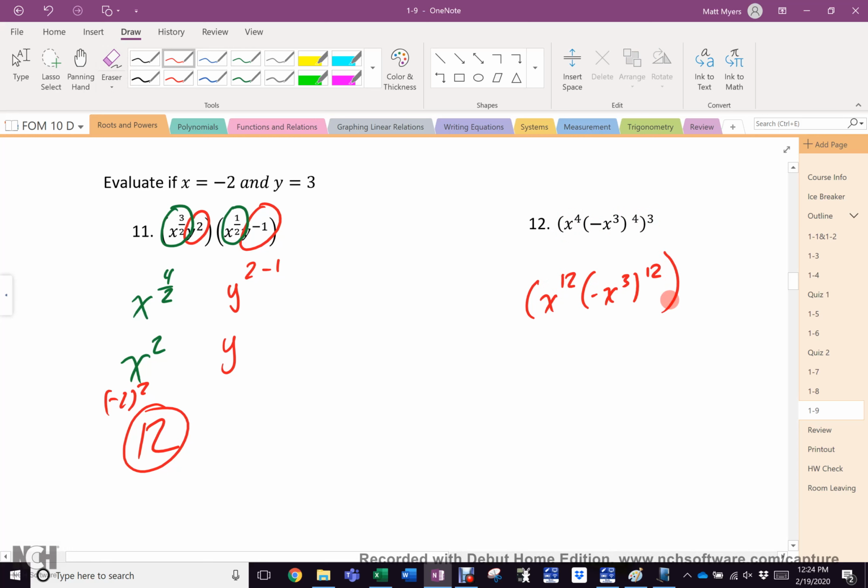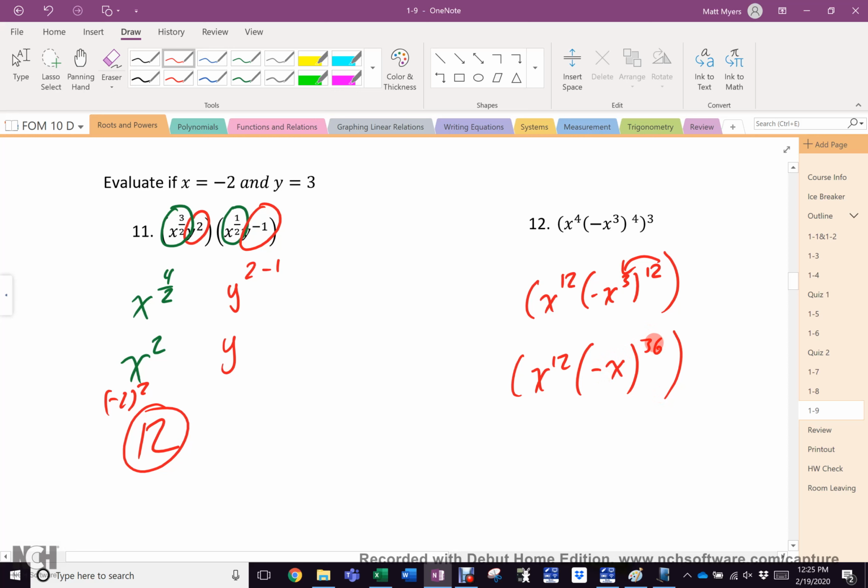Everybody cool with that? When you see that, right? Everybody good? Now what could you do? You could do this right here, couldn't you? Which would give you x to the 12th and then negative x to what power? To the 36th, right? Now, what do we know about a negative base and an even exponent?